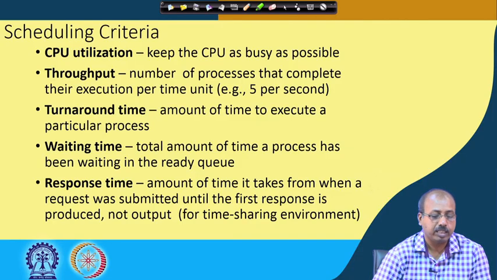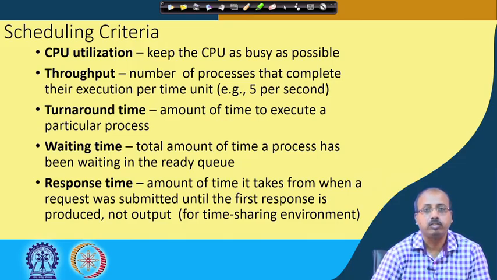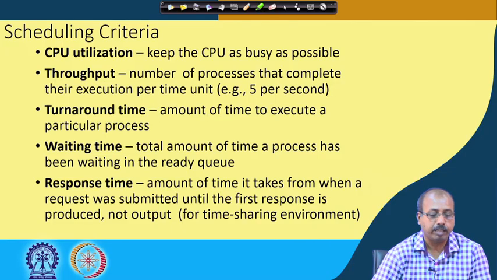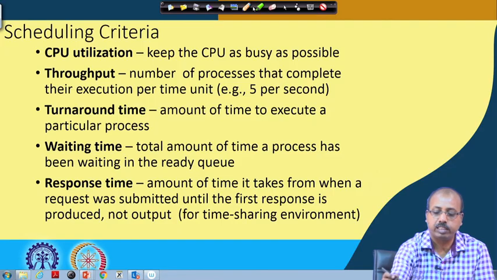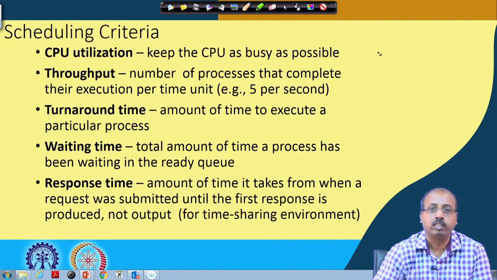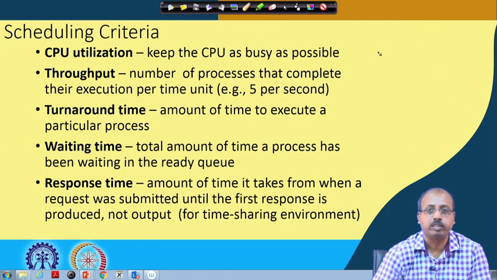So, to summarize the scheduling criteria, one is the CPU utilization. Naturally the objective is to have the CPU utilization equal to 100%. Definitely we cannot have CPU utilization more than 100%, because that would mean we are trying to keep the CPU busy for more than 100% of the time.